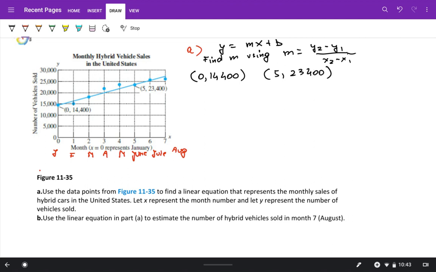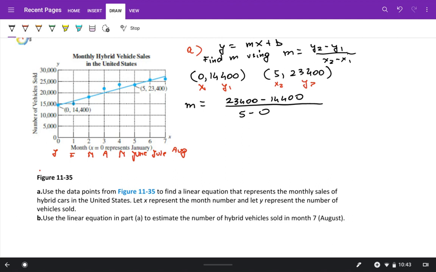So label them as x1, y1, x2, y2, and just find the slope. We'll have m equals y2, which is 23,400, minus 14,400, divided by x2 minus x1, which is 5 minus 0.